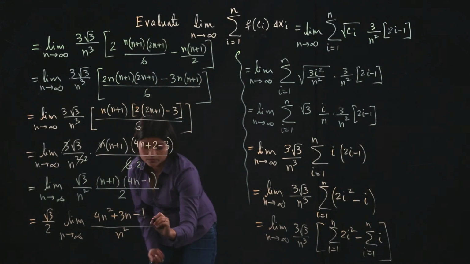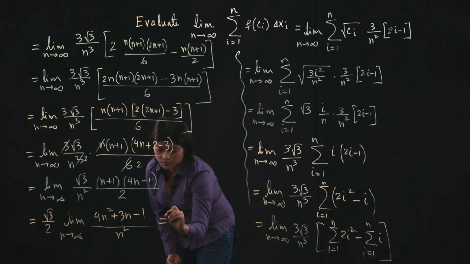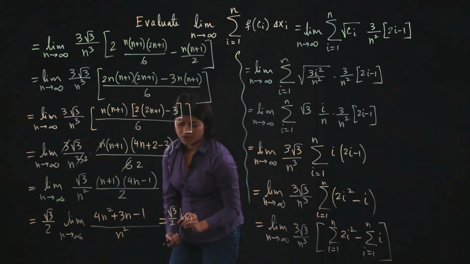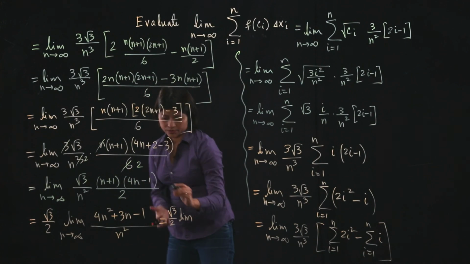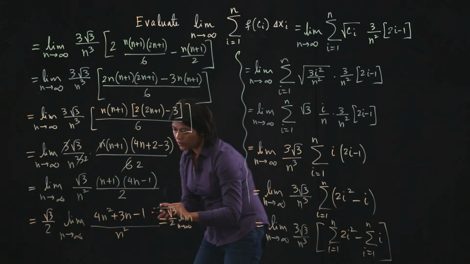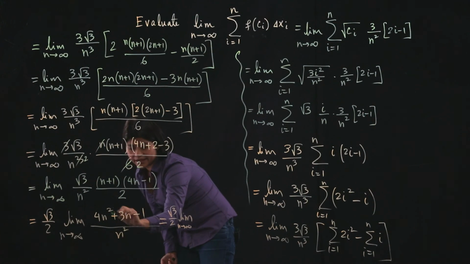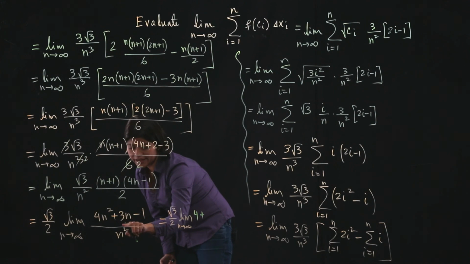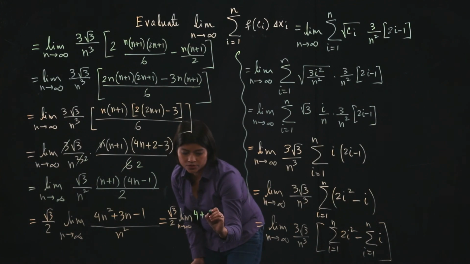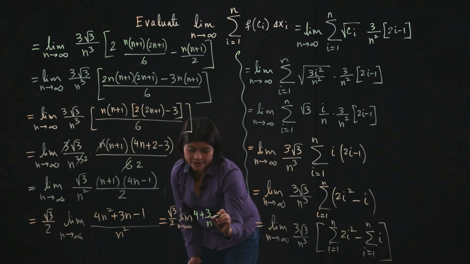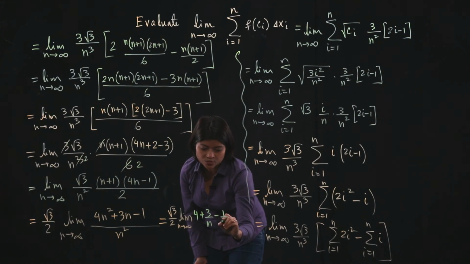So inside the limit we have 4n squared divided by n squared, we'll have 4, plus 3n divided by n squared, so that will be 3 divided by n, and then minus 1 divided by n squared.